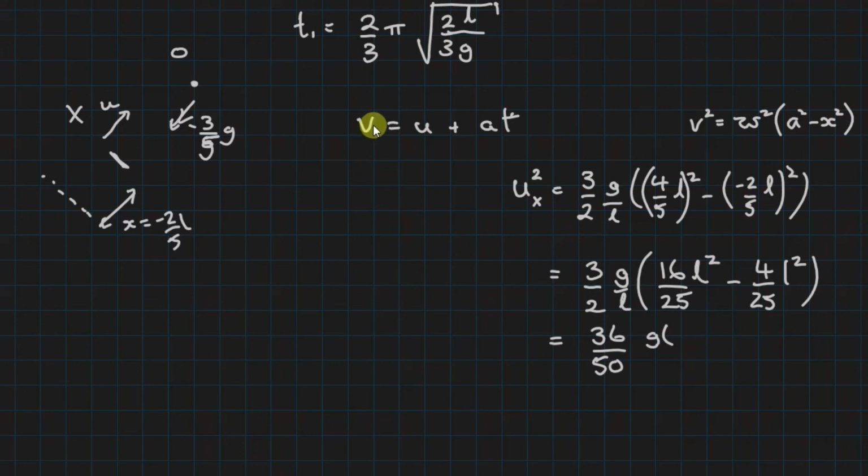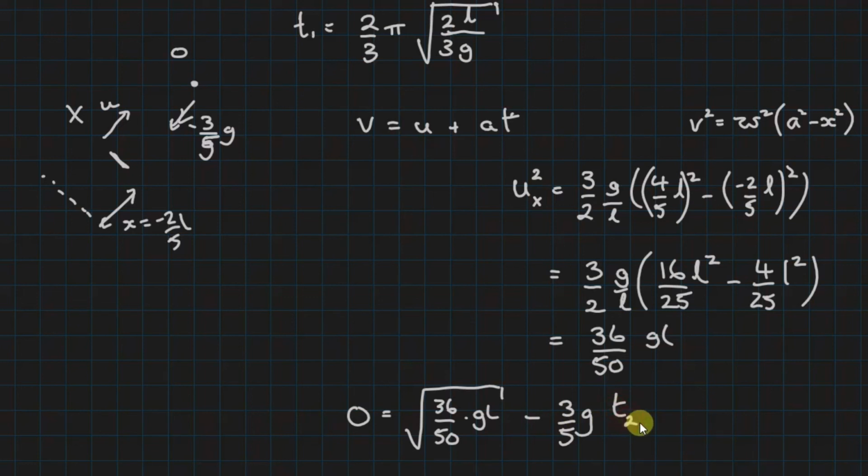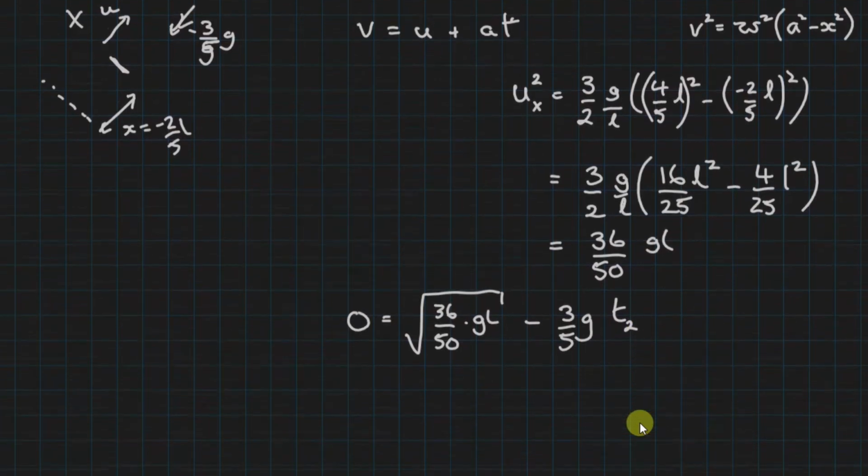So now use the suvat equation. Our final velocity is 0. My start velocity is the square root of 36/50 gL. Acceleration is -3/5 sine of alpha times g, because it's trying to slow it down, and my time is period 2. So everything is rearranging, moving round to give me T2.